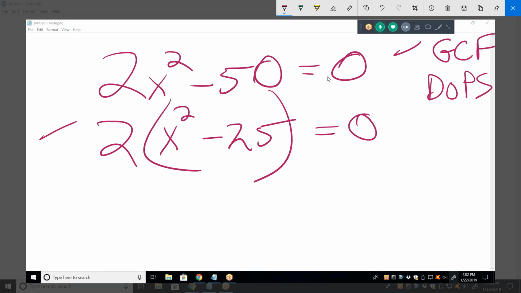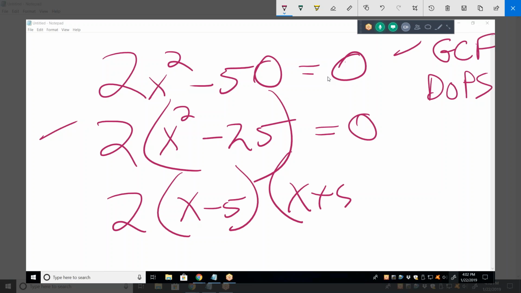Dividing by 2 on each side. Well, actually, you don't need to do that. You can leave the 2 there. And then it's x minus 5 times x plus 5. And because I could have given you the problem without it being equal to 0, in which case you need to carry the 2 forward. When it's equal to 0, then you're right.